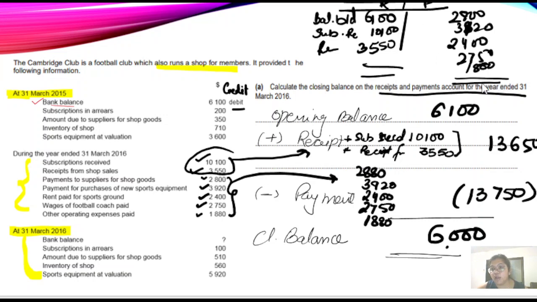Then you have to add both sides, and whatever balance you are having on this side, you have to write it down here as the balance carried down.